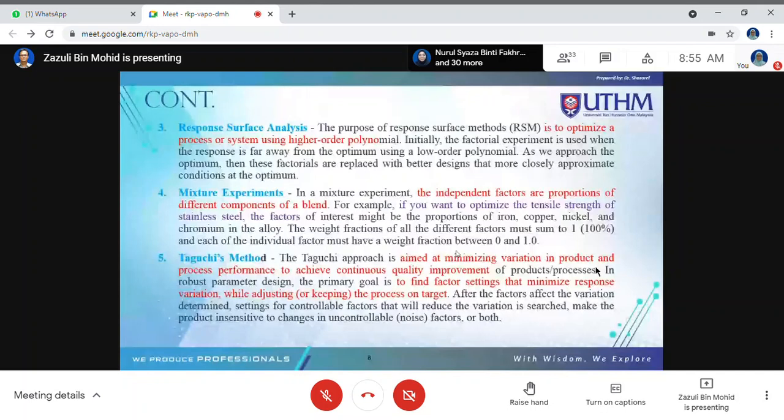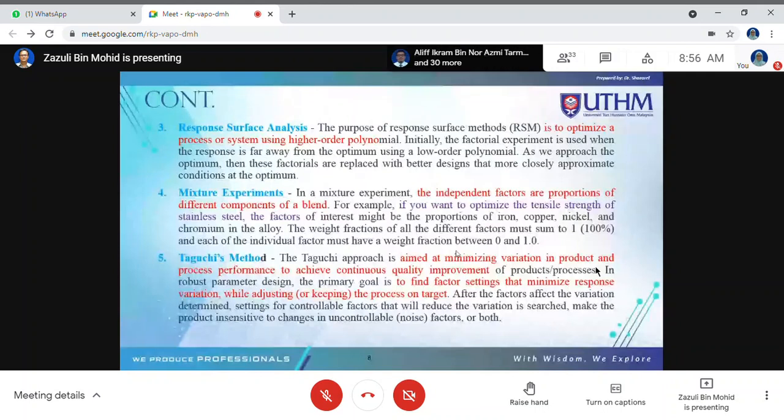When you conduct an experiment on blending material and want to study the new characteristic of the newly developed material, mixture experiment can be used. An example is given in these slides.